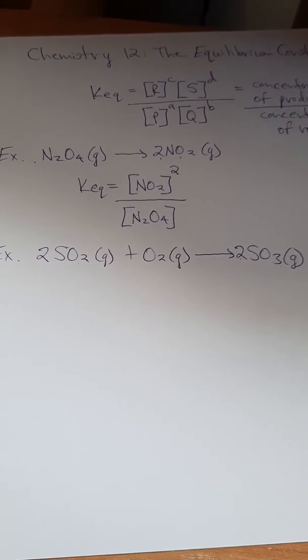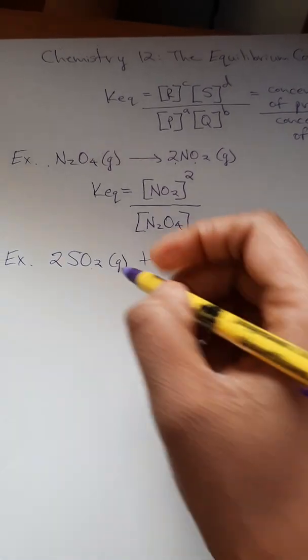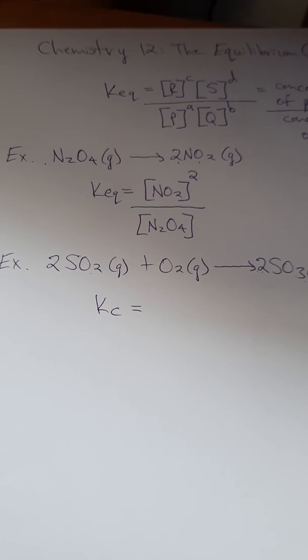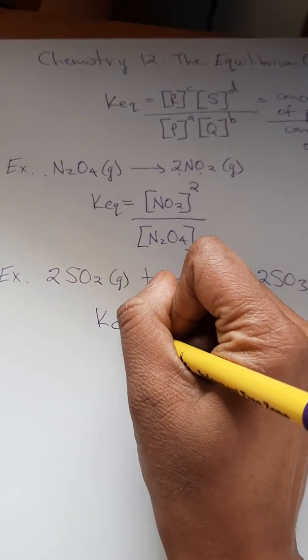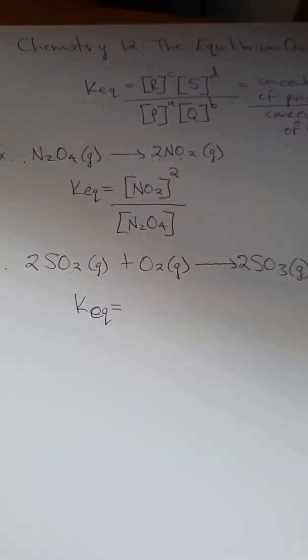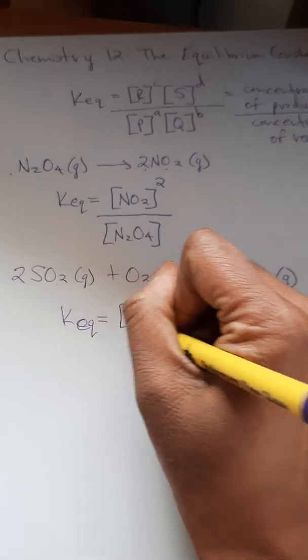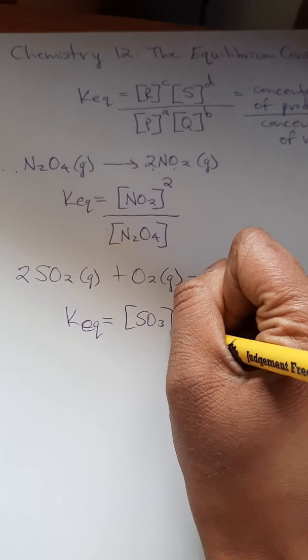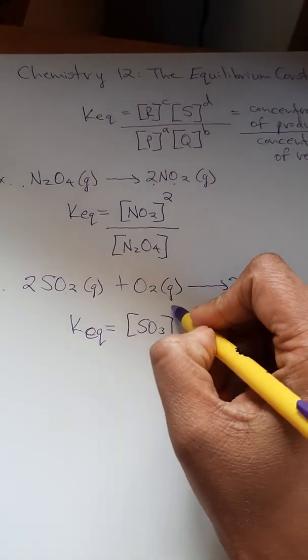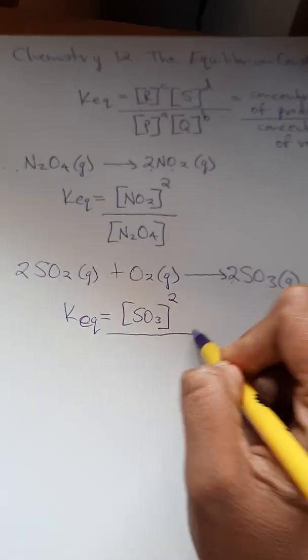I need to find the equilibrium constant expression. I can also use Kc, which means constant, but in most cases we do write EQ, so we'll just keep EQ as the equilibrium constant. I'm going to take the concentration of my product, which is sulfur trioxide. There's a 2 in front, which is going to become the exponent here.